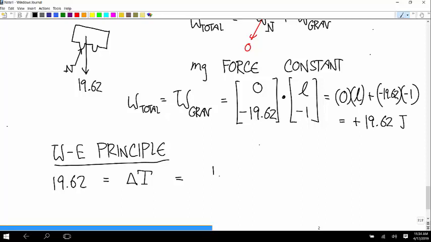That is 1/2 times the mass times the speed at the bottom, the second instant, minus 1/2 times the mass times the speed at the top, which we said was 0.